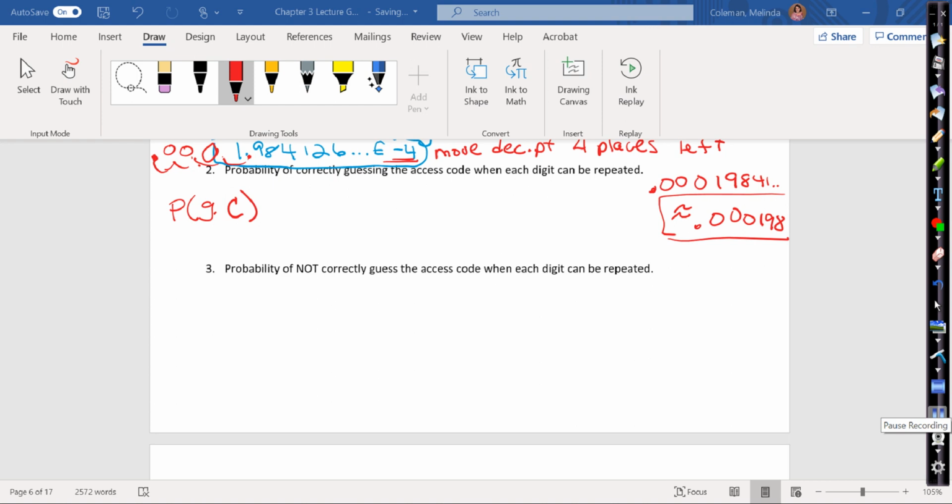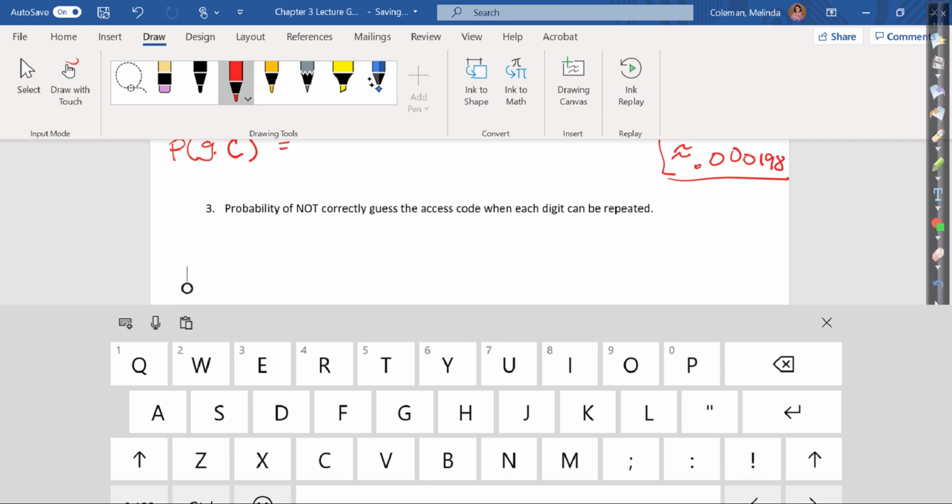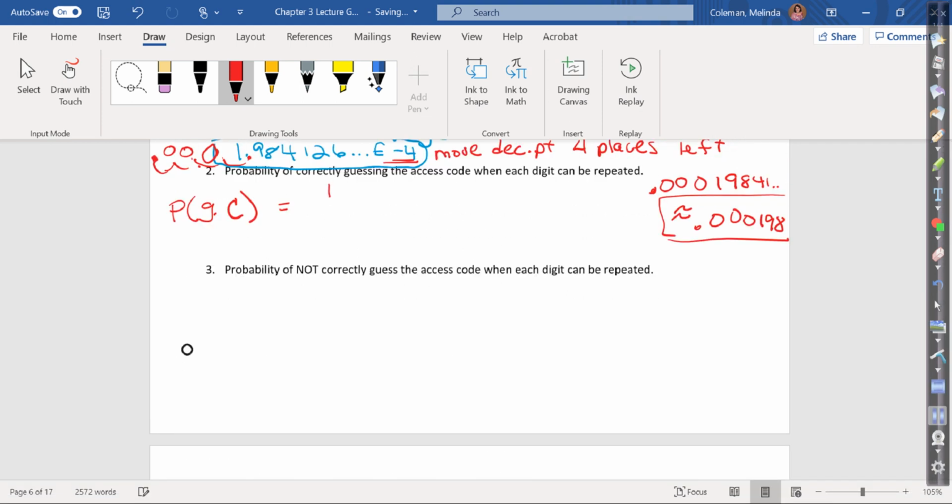So the probability that we guess correctly for the access code when each digit could be repeated. Well, again, if we go back up to the first example, we would see that that was 1 out of 10,000, because this time the codes could be repeated. And 1 out of 10,000, again, gives us the 1e negative 4.